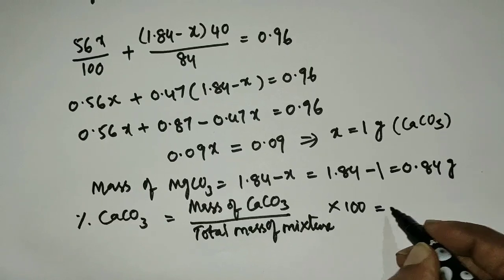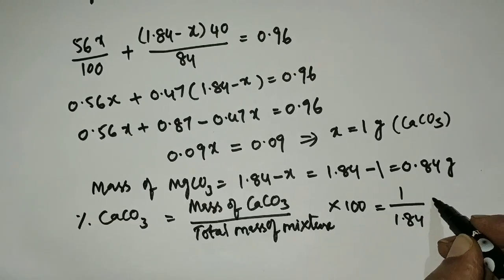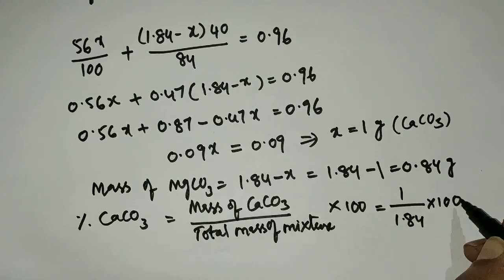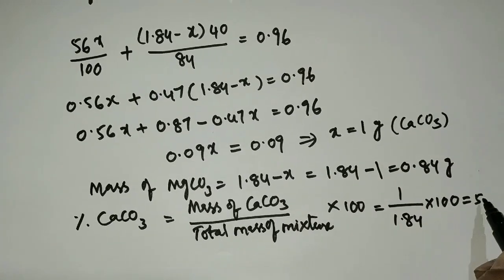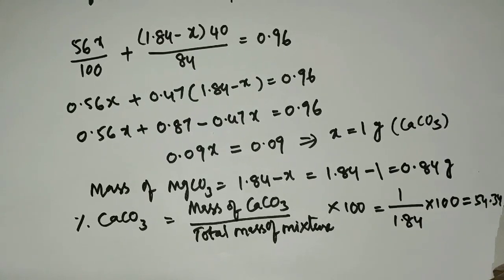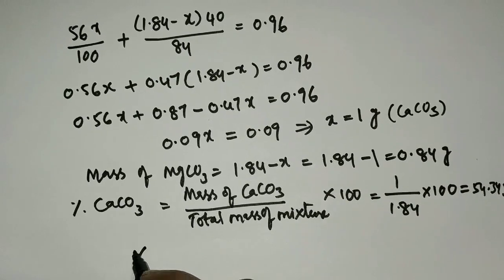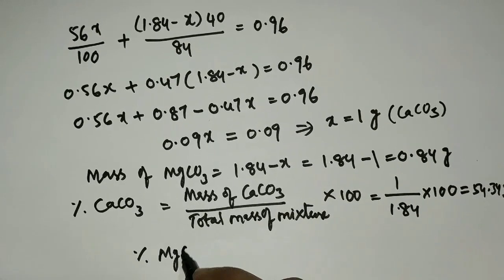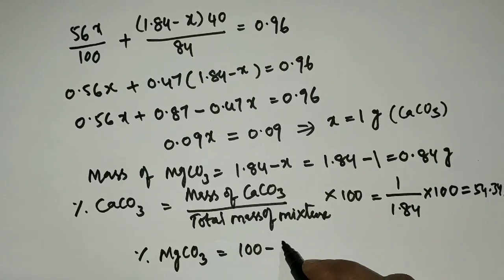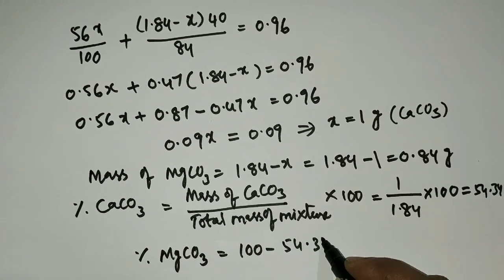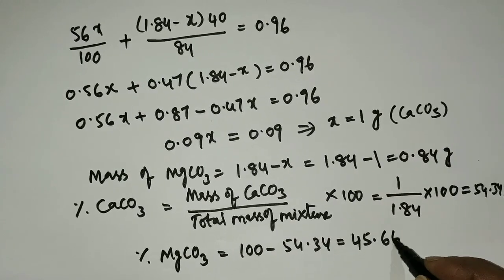So equal to 1 by 1.84 into 100, which is equal to 54.34%. Then percentage of MgCO3 will be 100 minus 54.34, which is equal to 45.66%.